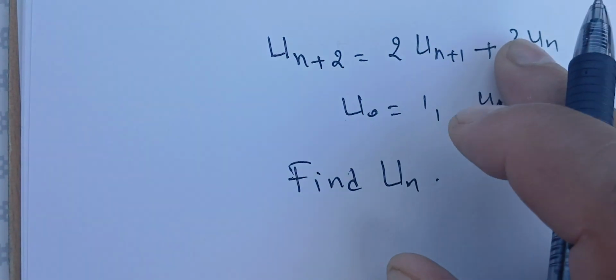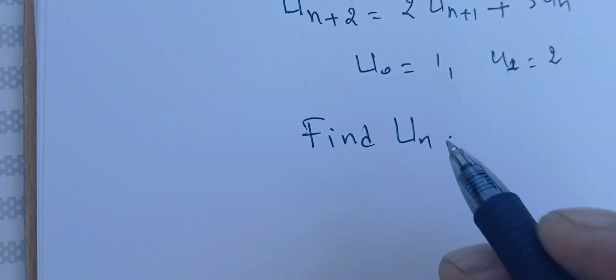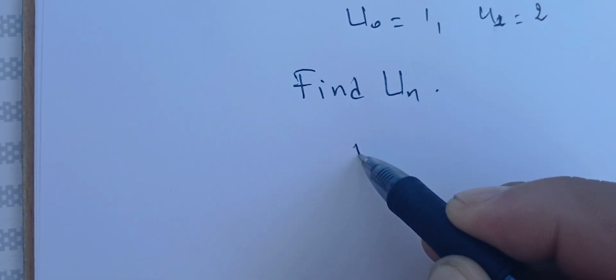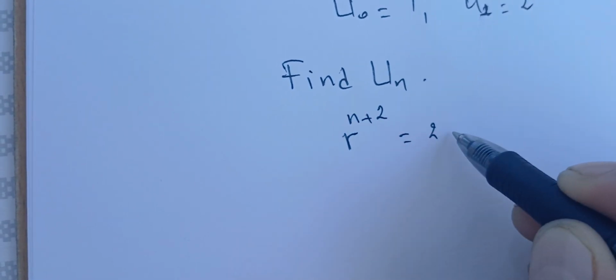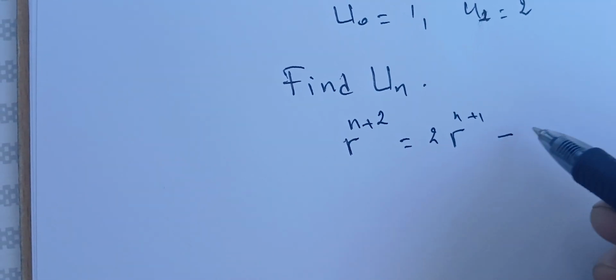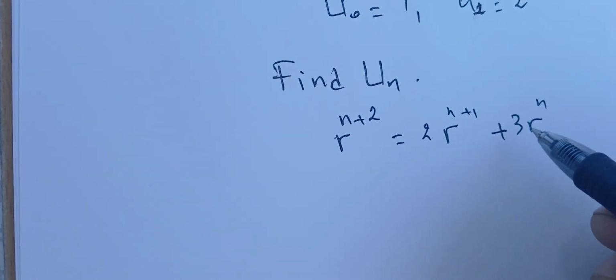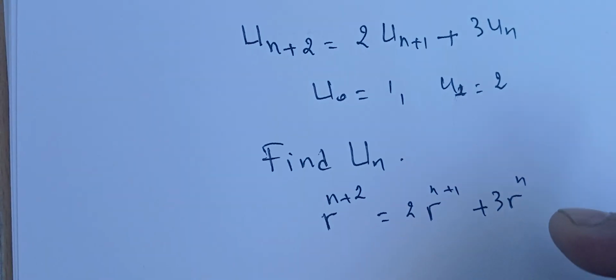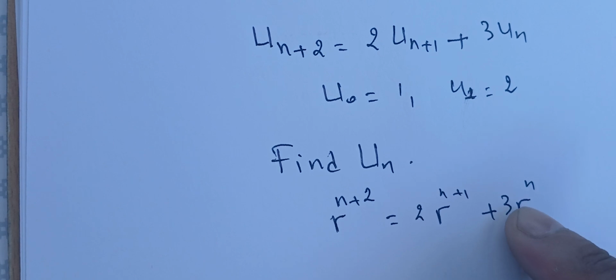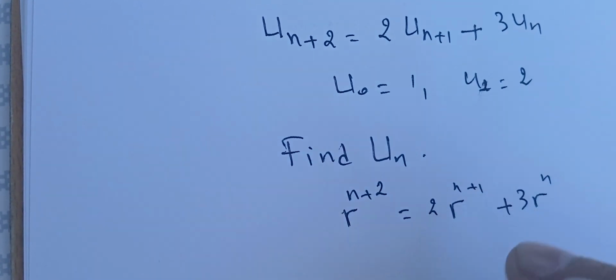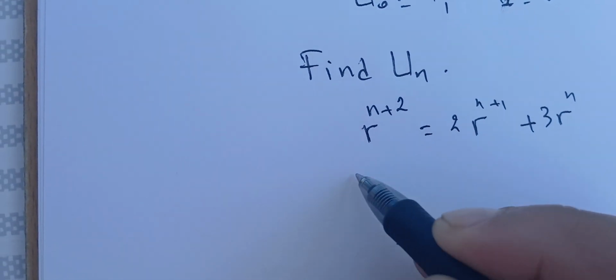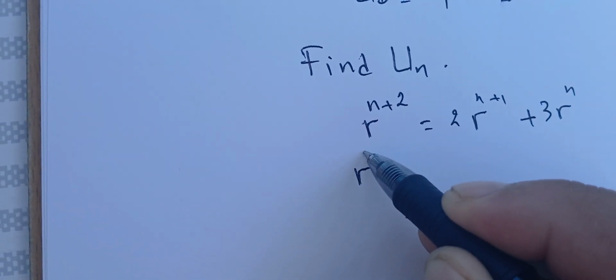So the characteristic equation in this case is given by r^{n+2} is 2r^{n+1} plus 3r^n. We can think of u_n as some r to the power n and plug it here, and we can solve.